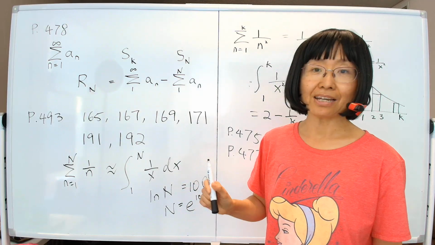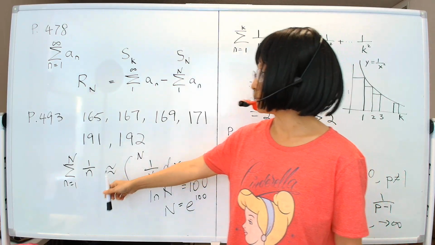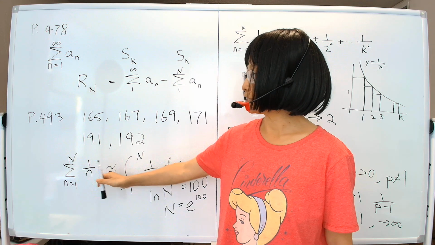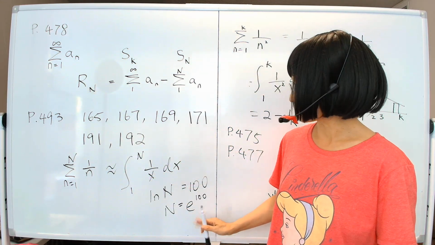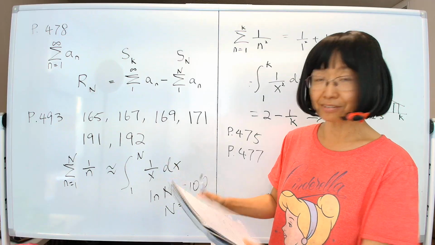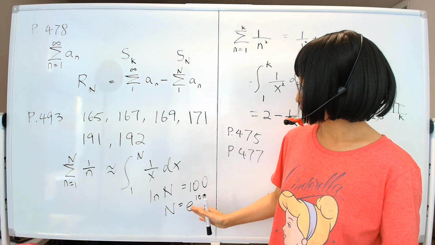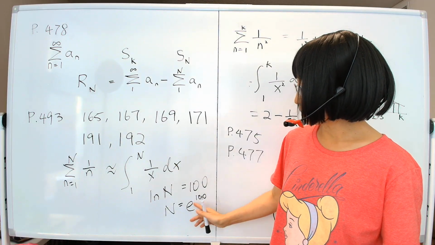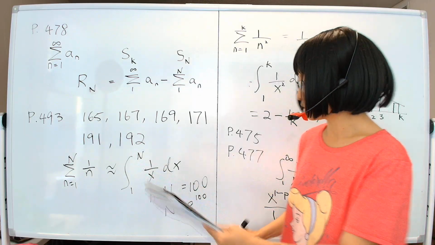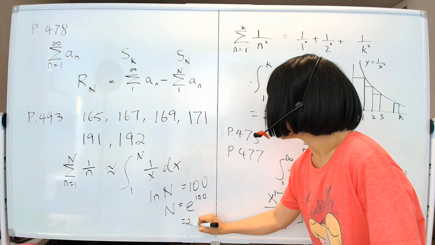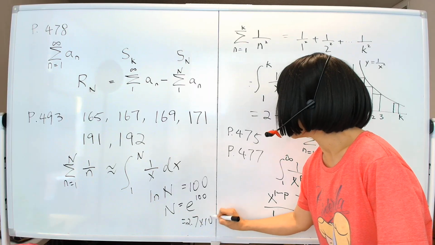Now, at that rate, if you were to do 1 million additions per second, how many seconds is that? Now, I did the math, and you can, of course, feel free to do it. As I did the math, this number is roughly 2.7 times 10 to the power 43.